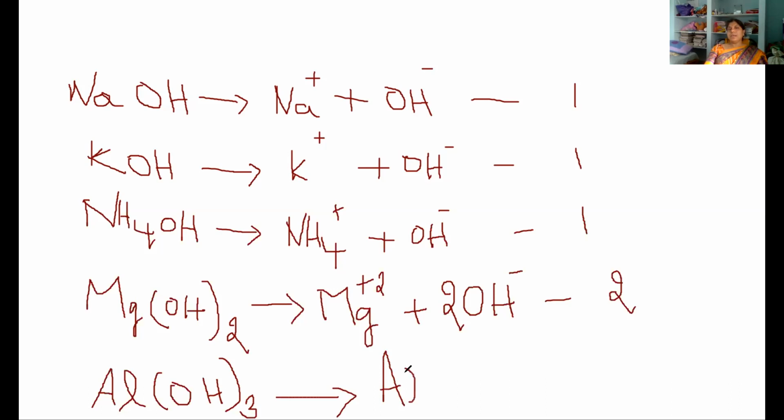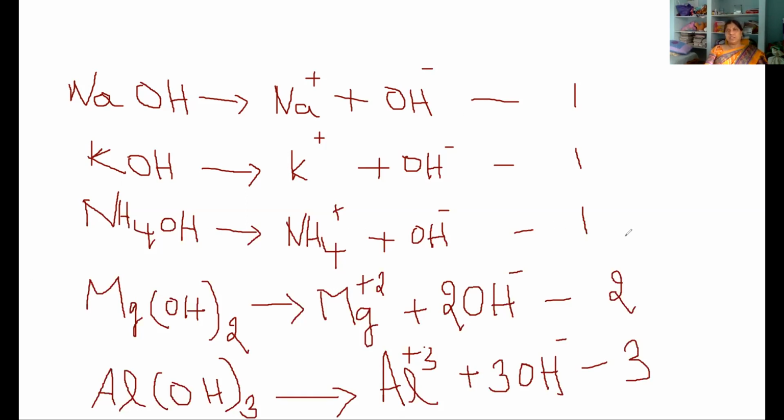Al plus 3. This is a third group element. It loses 3 electrons to get a stable configuration. So that's why it splits like this into Al plus 3 and 3 OH minus ions. So its acidity is how much? 3.